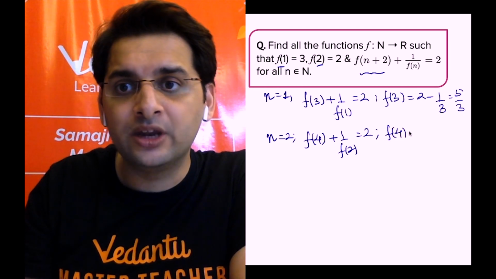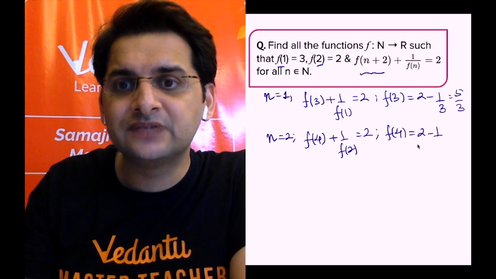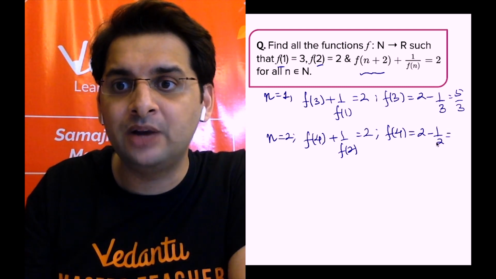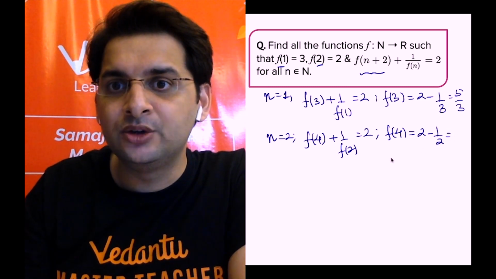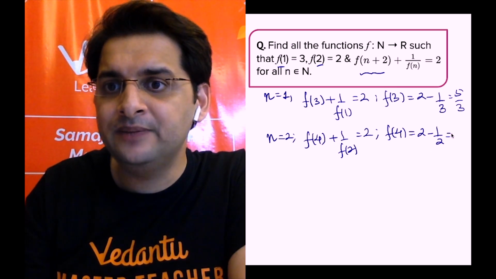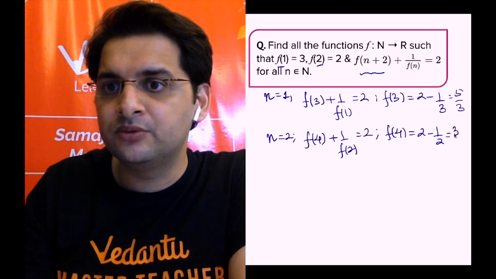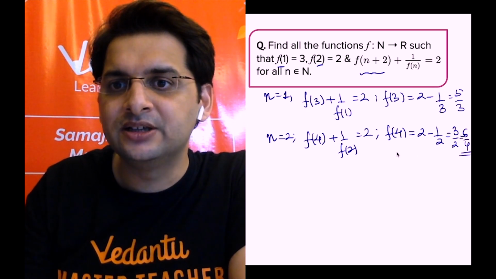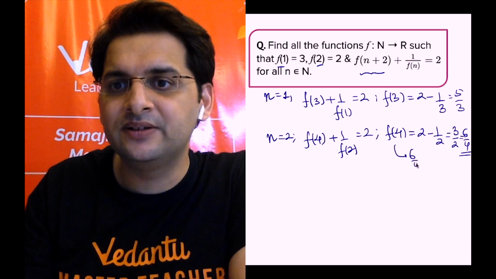So f(4) is 2 minus 1/f(2), which is 2 minus 1/2. This comes out to be 3/2, which can be written as 6/4. No problem with this. So f(4) is 6/4.